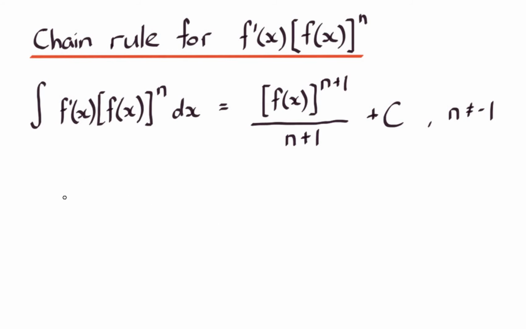So the key thing that I want you to look at is when you see an integral and you notice some function of x to the power of n, and if you derive that function and you see its derivative attached, then you know we've got a chain rule that we can use.